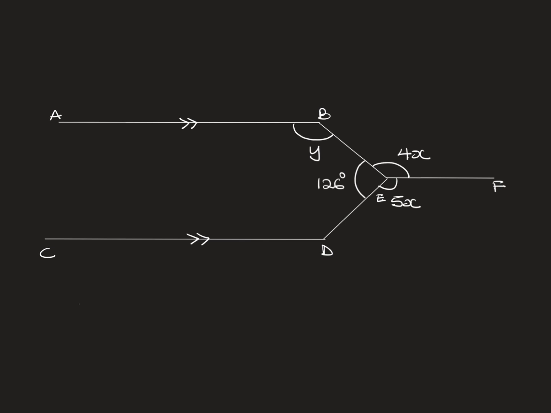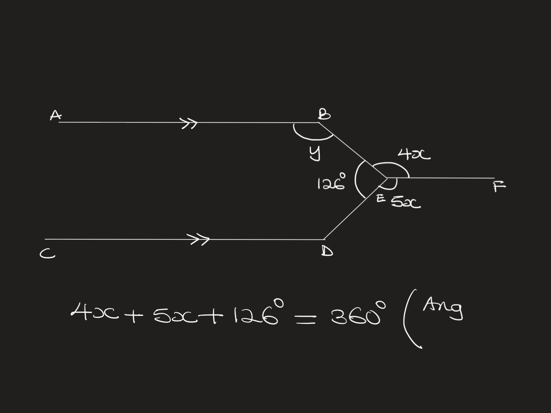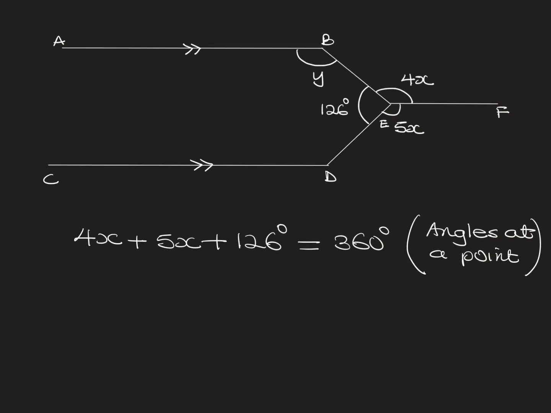So if I say 4X plus 5X plus 126 degrees is equal to 360 degrees. This is because angles at a point add up to 360 degrees. Okay, so that will be 9X plus 126 degrees is equal to 360 degrees.